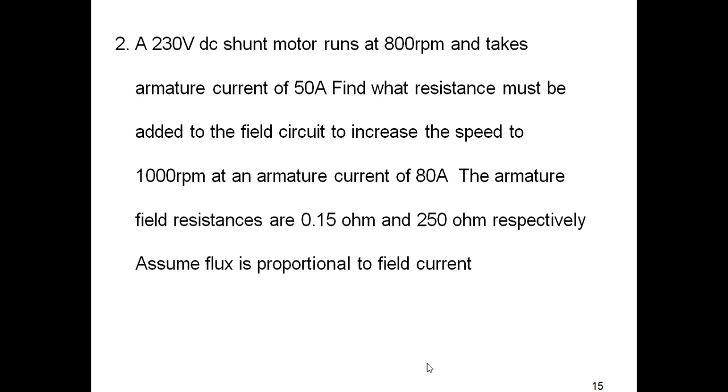Find what resistance must be added to the field circuit to increase the speed to 1000 rpm at an armature current of 80 amperes.